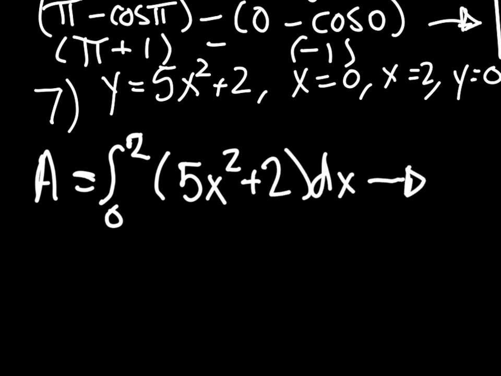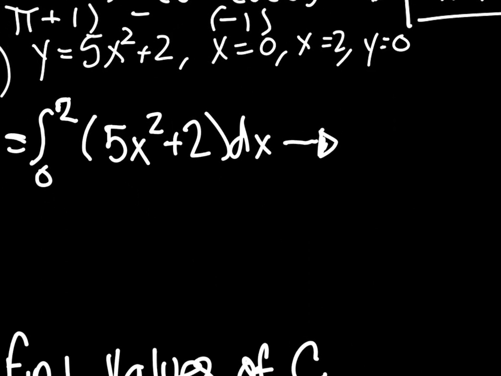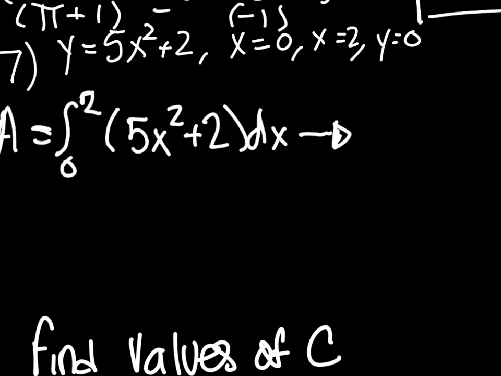So now we integrate, and we know that the integration of 5x squared is 5x cubed over 3, because we add a plus 1 to the 2, and then we divide by that same number. So it will be 5x cubed over 3 plus the integration of 2, which would be 2x, since it didn't have an x before.